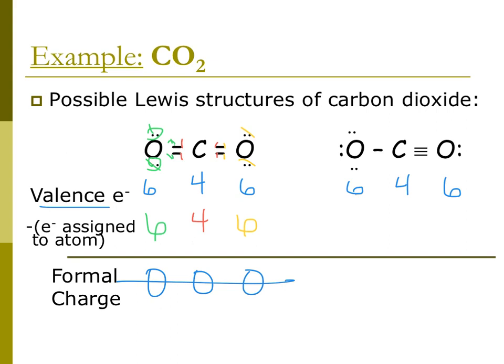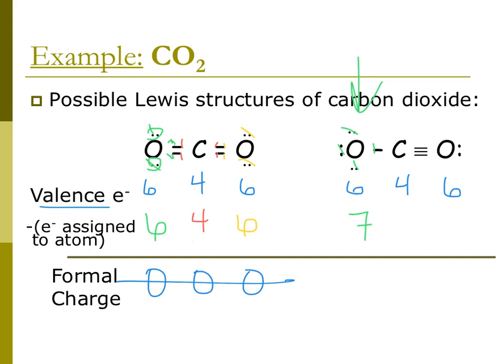Now let's look at the other structure and see how the formal charge is not ideal. So first let's count the electrons on our first oxygen. We're over on the right-hand molecule. We have 6 electrons in the lone pairs plus 1 of the electrons in the bond. That's a total of 7 electrons.